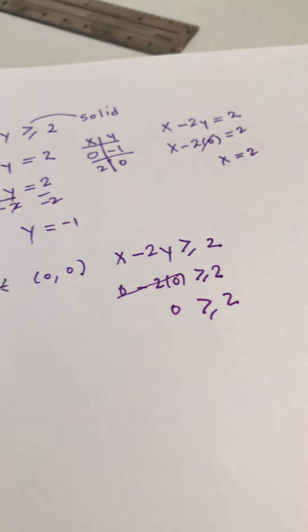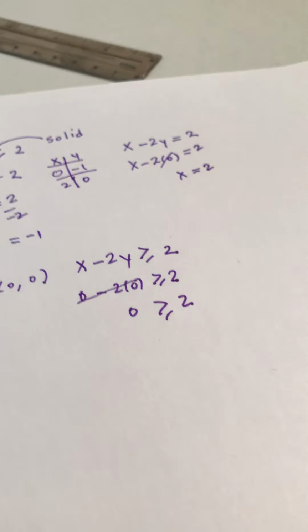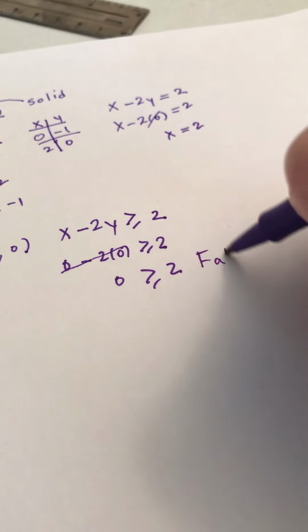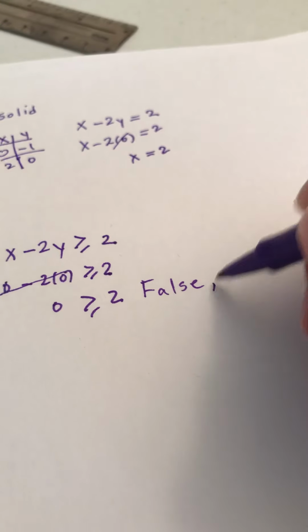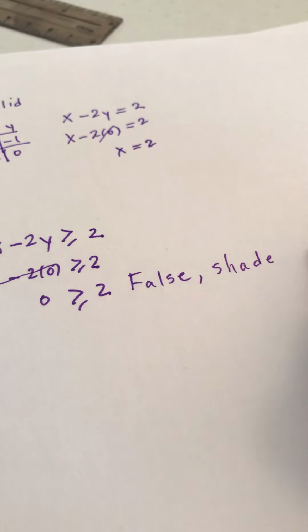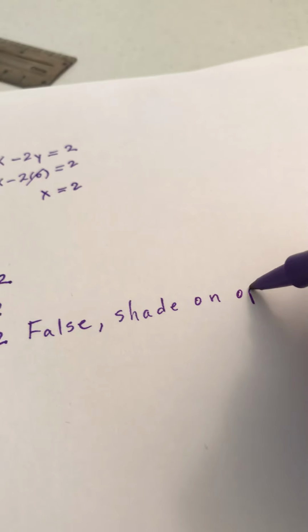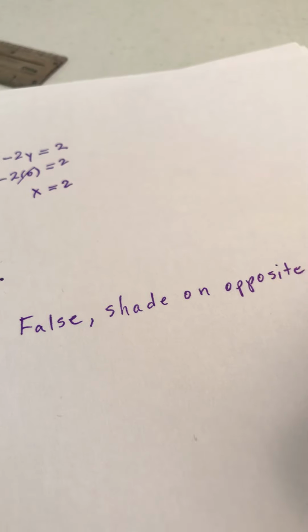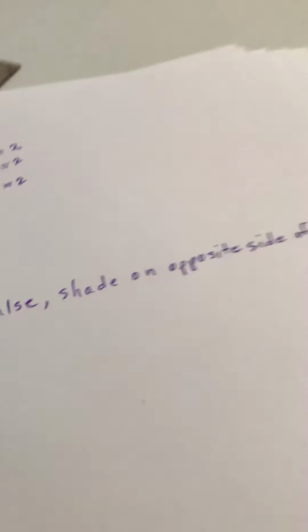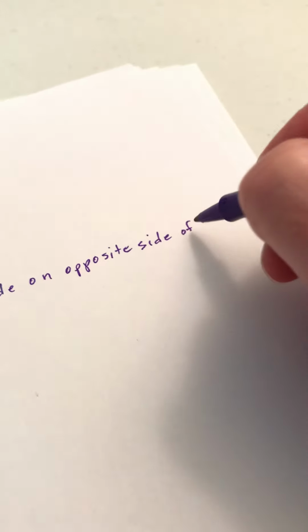Is that greater than or equal to 2? Nope, that is false. So we shade on the opposite side of 0, 0.